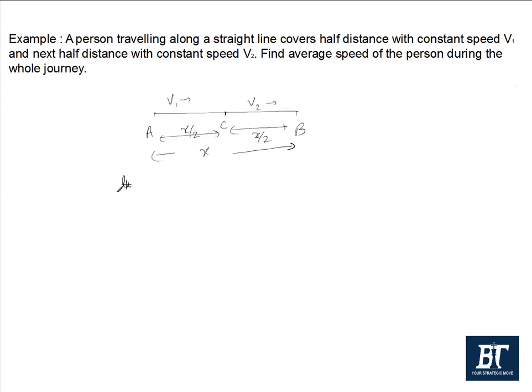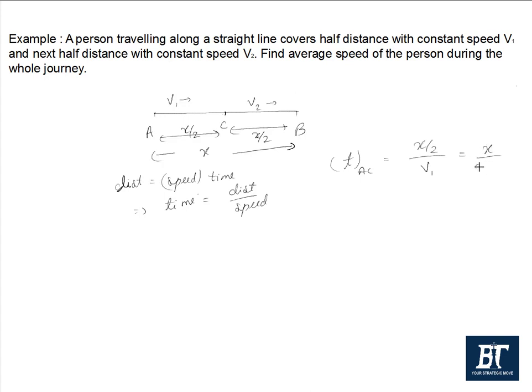We know that distance is equal to speed into time, so time will be equal to distance upon speed. Let's calculate the time taken by the person to travel from point A to C. The distance between point A and C is x by 2 and speed is v1.